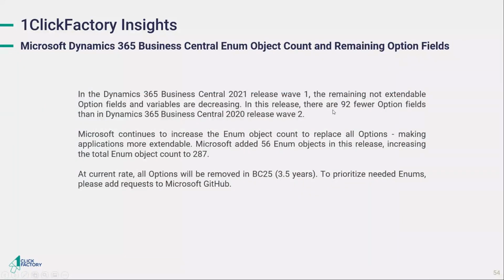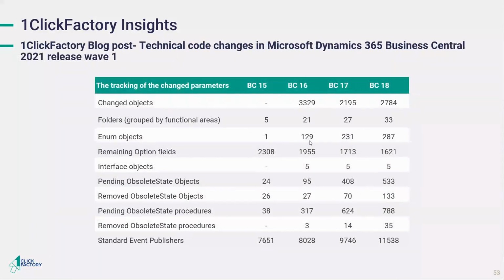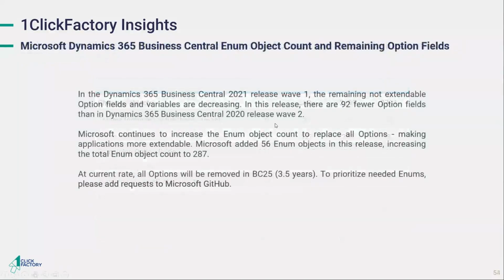In Business Central 18, there are 92 fewer option fields and 56 new enum objects. This is a bit decreasing. As you see, in Business Central 16, more than 100 enum objects, and in 17, more than 100 were created. In Business Central 18, only 56 enum objects were introduced.